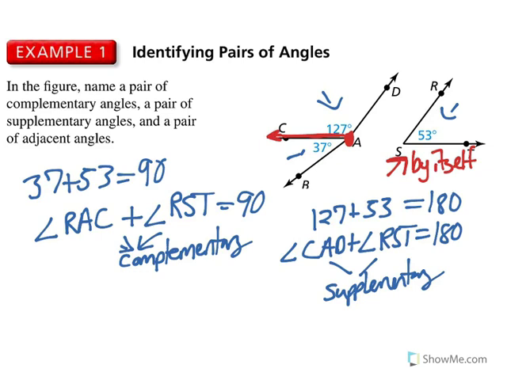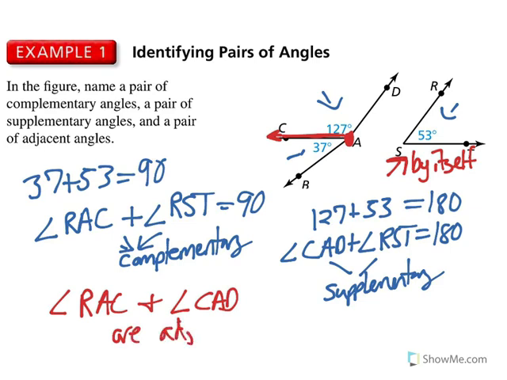So my adjacent angles would be those two: angle RAC and angle CAD. And they are adjacent. Notice that adjacent angles don't have to equal anything. They can be any kind of sum. They could be supplementary or complementary, but they don't have to be. They can add up to be some other number.